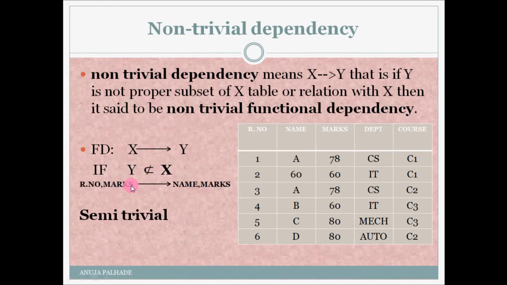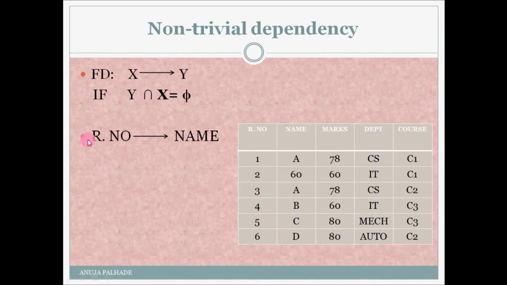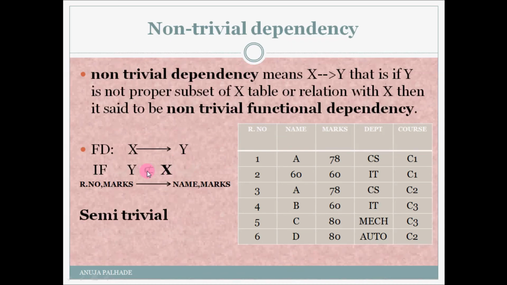If I say roll number and marks determines name and marks, you can find that marks is common on both sides, so it is not fully non-trivial. If we write the definition like this, it is the semi-trivial dependency, but this is the fully non-trivial dependency when the intersection is phi. Why semi-trivial? Because in roll number and marks determines name and marks, an attribute appears on both sides, so their intersection may match.